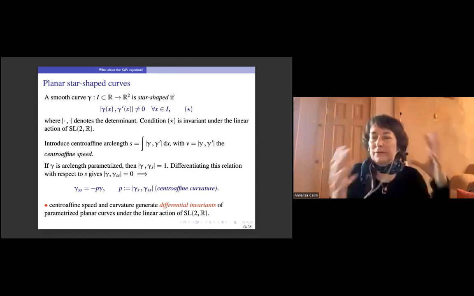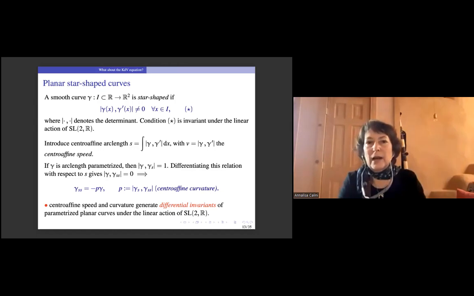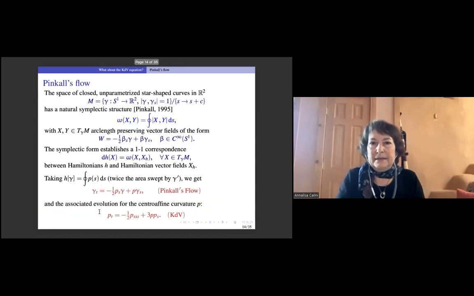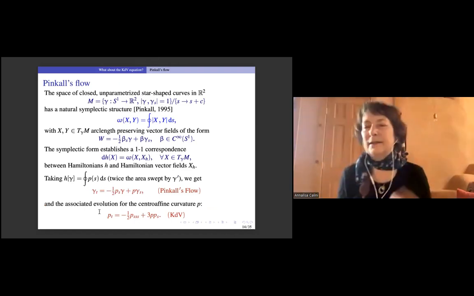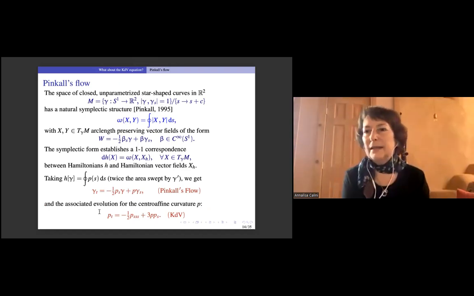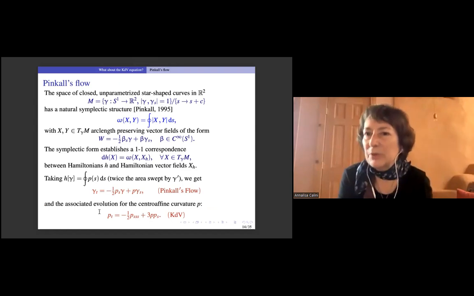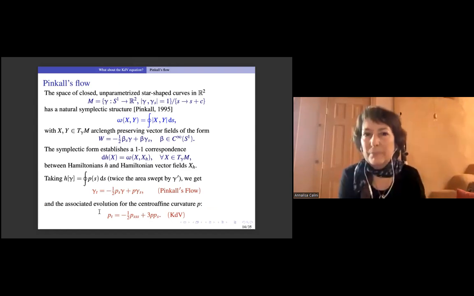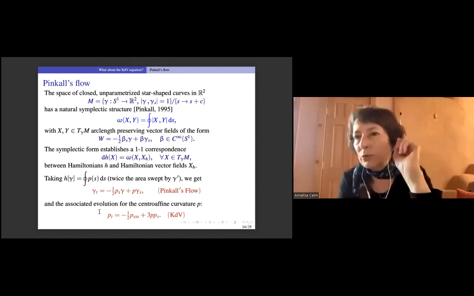So in centroaffine planar geometry, the differential invariants turn out to be the centroaffine speed and the centroaffine curvature. Now in the mid-90s, again, Pinkall looked at this setup, and he looked at the space of arc length parameterized curves in the centroaffine plane, up to translation.